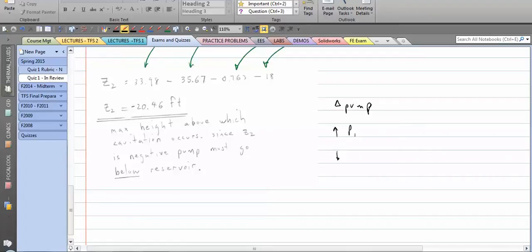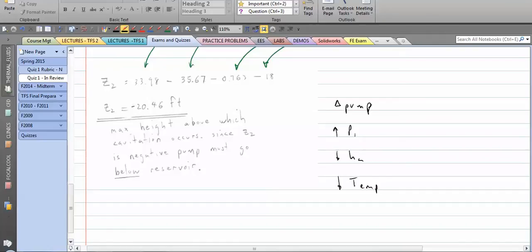We could decrease the head loss, and we could decrease the temperature. If we thought that the max height was a positive value, but we had a lot of depth, we could certainly reduce that distance or increase the distance of the pump below the reservoir. But again, I think the primary ideas to improve the cavitation situation here would be to change out the pump, increase the pressure, certainly reduce the head loss, or decrease the temperature.